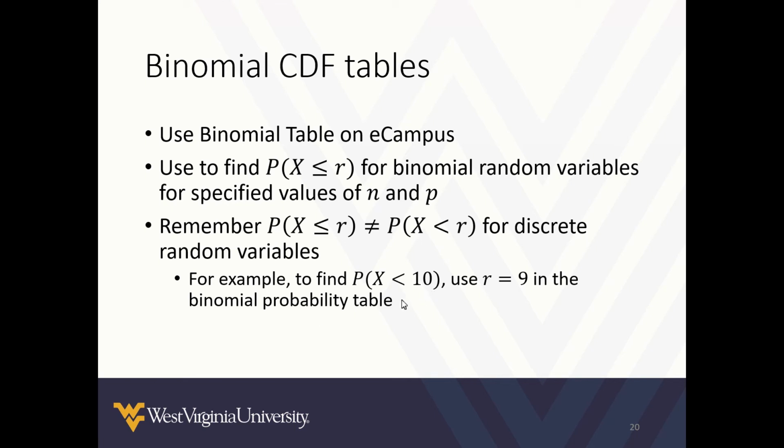So in our previous problem, it said to find the probability of less than 10. Well, less than 10, you can't have partial lives, so that means the next one is 9. So less than or equal to 9 was our r value. Pay attention when you're reading. Think smarter, not harder. When we're dealing with continuous variables, obviously that's not the case, but when it's discrete variables, this is a very important rule to remember.